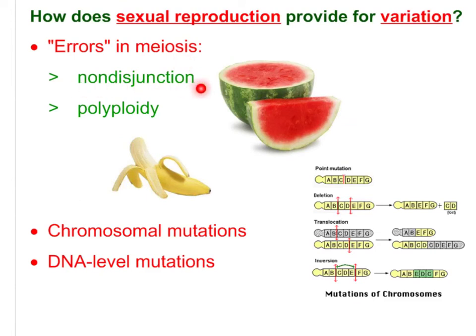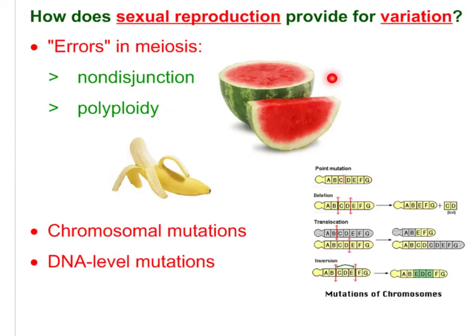Non-disjunction, when the chromosomes don't actually separate. Polyploidy. Polyploidy is where we get chromosomes that are a different number than just the 2N. Sometimes we get monosomy, like just a 1N, or a triploid, or quadruploid, where we have 3N or 4N numbers of chromosomes. That's much more common in plants.